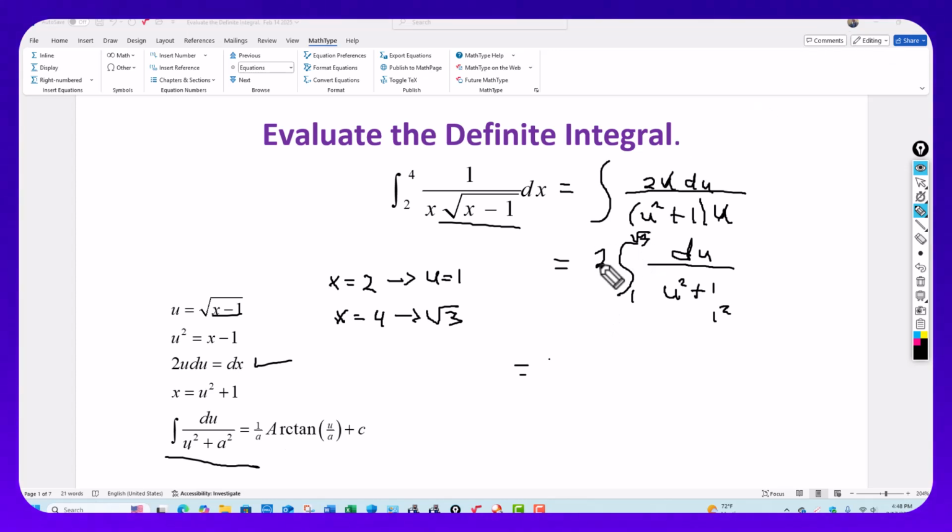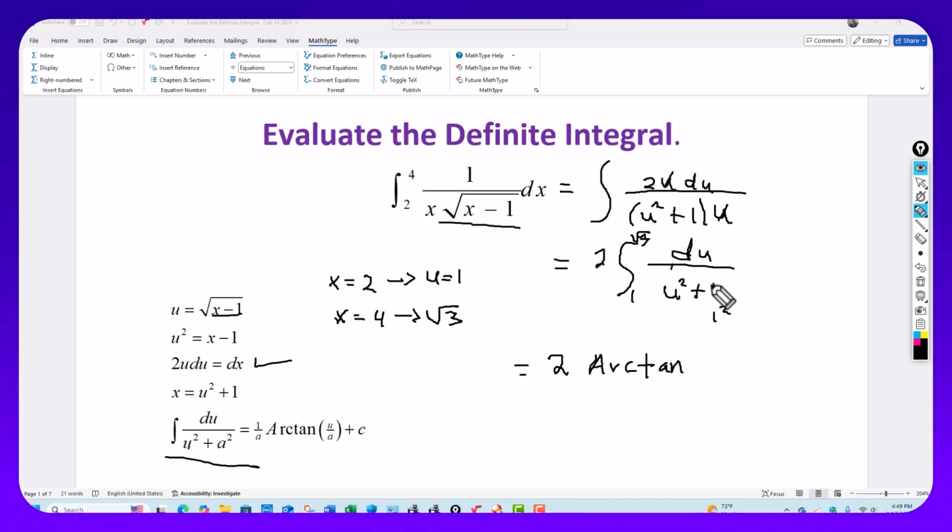So I still got the 2 right there. So bring down the 2. That's outside. You can always factor a constant from the integrand. So now for this right here, that's just arctangent. And from the formula, that's u over a. So it's going to be 1 over a, arctangent u over a.